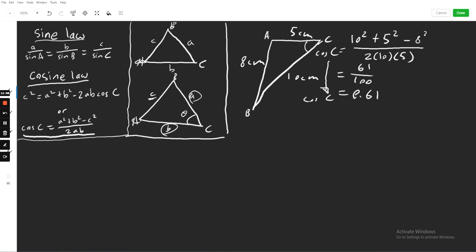Cosine C is equal to 0.61. Therefore, C is equal to about 52.41 degrees. Now we can use the sine law to find the other unknown angles.